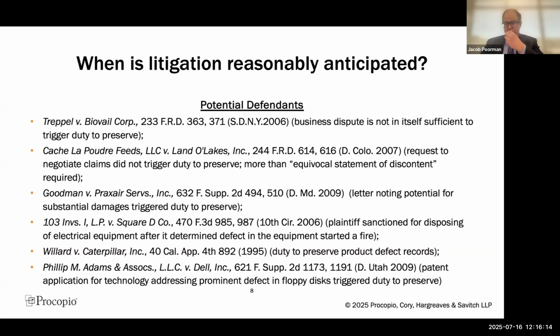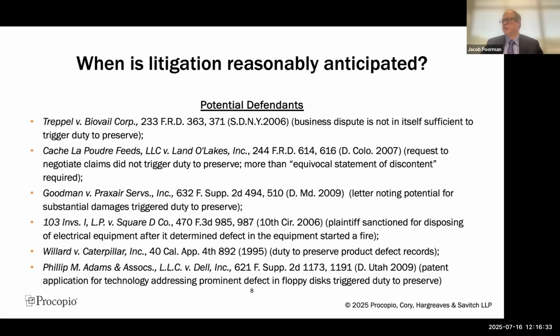In other contexts, however, whether the duty to preserve has attached is more ambiguous due to the broad, fact-specific, and discretionary nature of the standard. And the courts are not necessarily perfectly consistent in drawing the line between possible litigation and probable litigation.